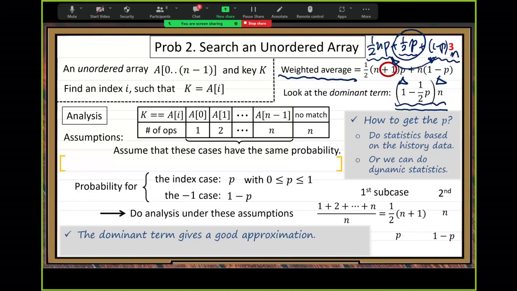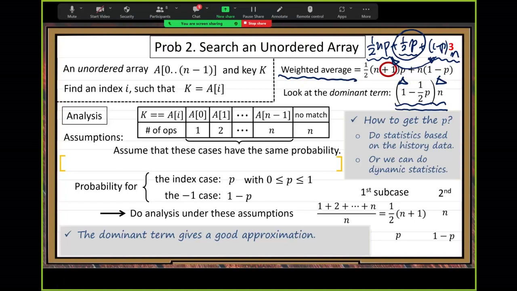In the next module, I will explain why, if we just take the dominant term and drop all the minor terms, we can get a good approximation.